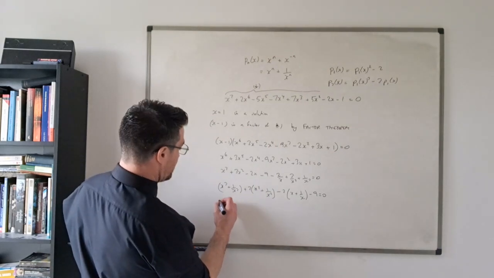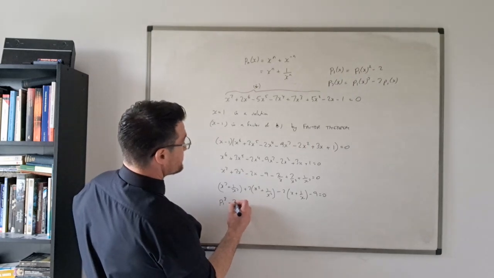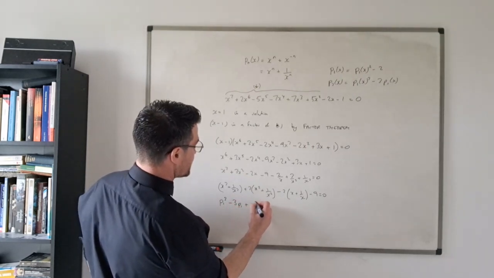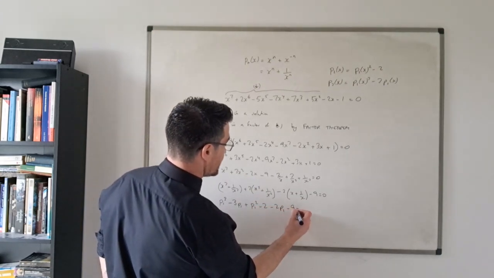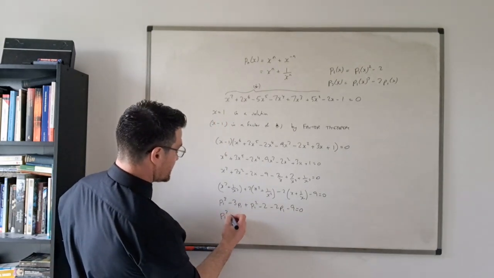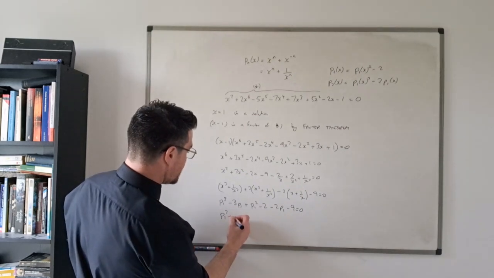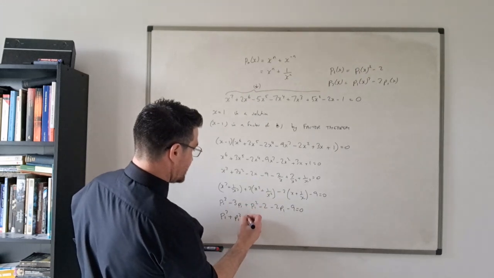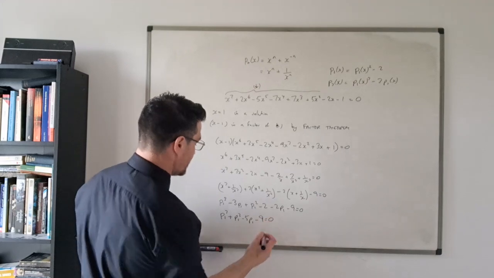So you'll get P1 cubed minus 3P1 plus P1 squared minus 2 minus 2P1 minus 9 equals 0, which gives P1 cubed plus P1 squared minus 5P1 minus 9 equals 0. So it's a cubic.